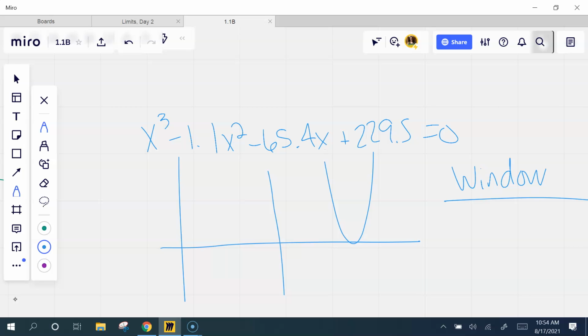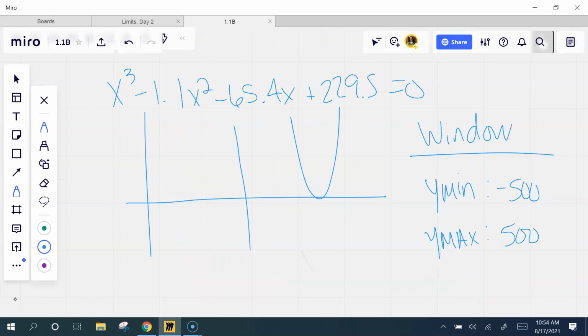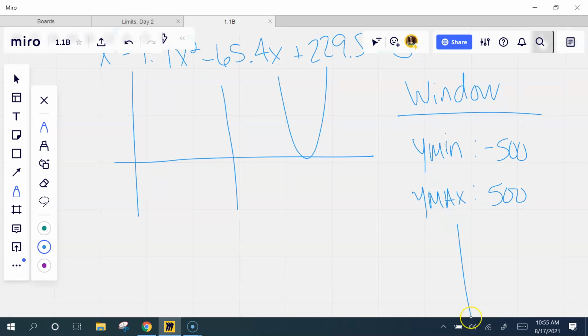So if you look at your Y-min and your Y-max, I'm just going to tell you because I have it here in front of me. If you change the Y-min to negative 500 and you change the Y-max to 500, click that and then look at what a better picture it is of that graph. It should look something like this now.